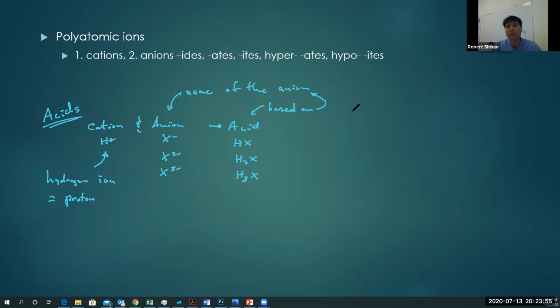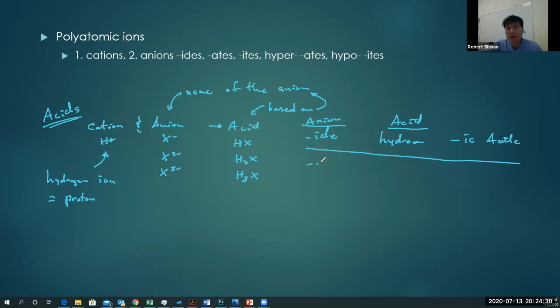And so we only have 3 types of anions. We have the anions that end in IDE. And so if the anion ends in IDE, then for the acid, we add the hydro prefix. We change the name of the anion a little bit, maybe, to clean it up, and then we add the ic acid suffix. And so it's hydro-ic. Hydro-ic acids are always anions that end in IDE.